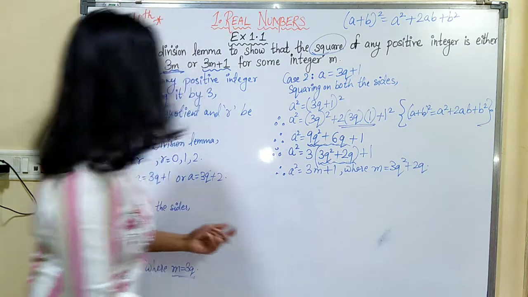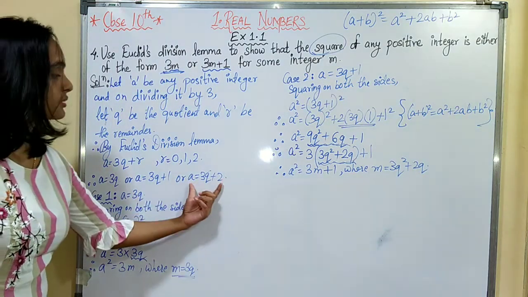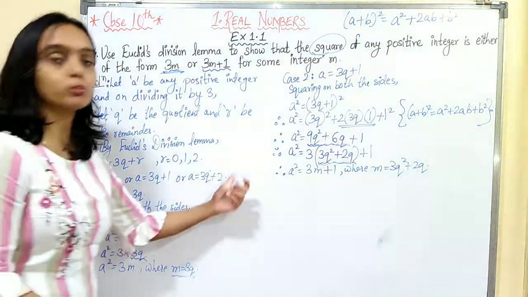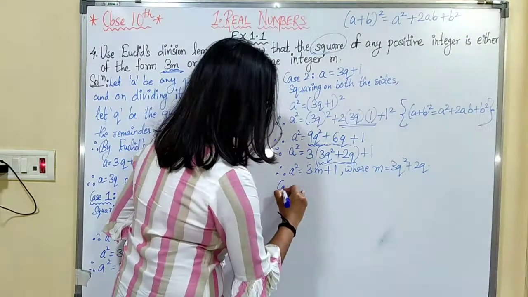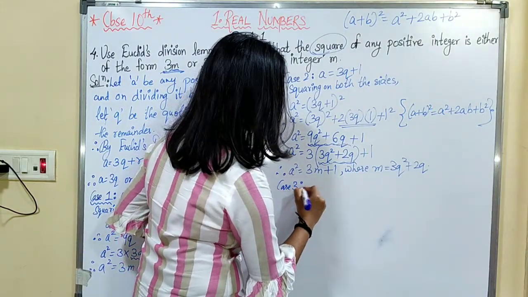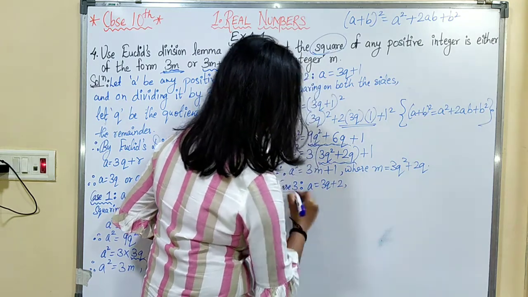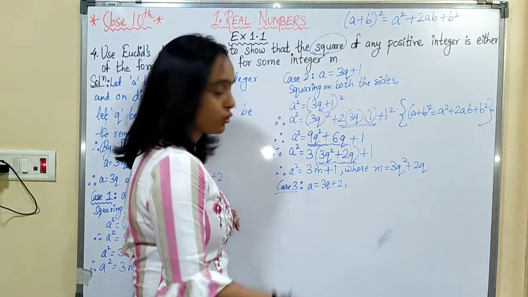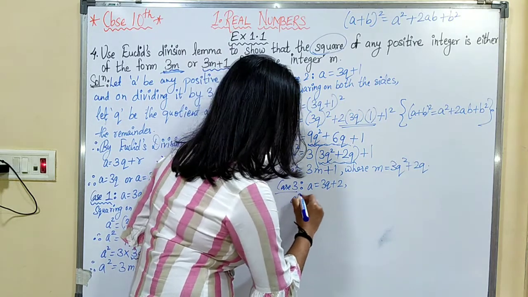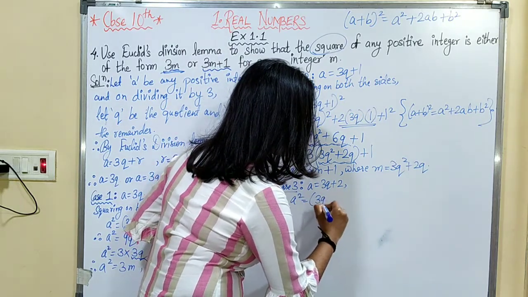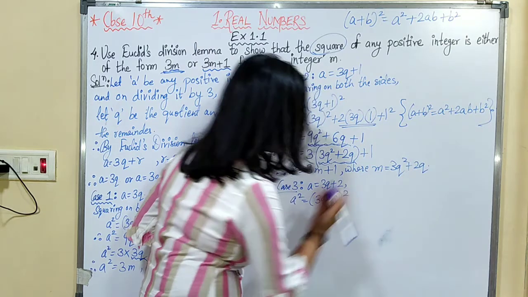Now we will prove for case 3, that is a equals 3q plus 2. So case 3, a equals 3q plus 2. Again by squaring on both the sides you will get a square equals 3q plus 2 the whole square.